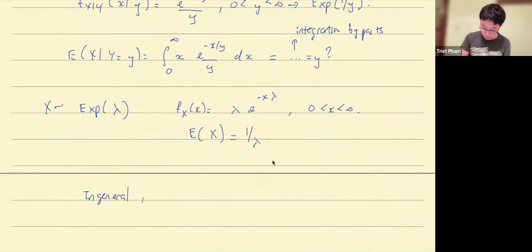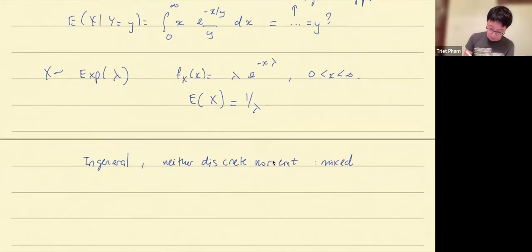So you could have neither discrete nor continuous. Basically, it's a mixed type. What do I mean by this?